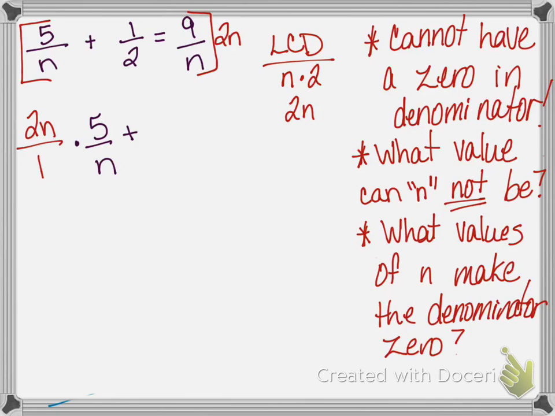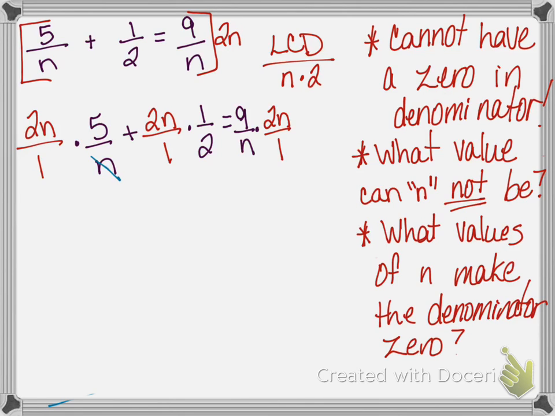So I have 2n over 1 times 5 over n, plus 2n over 1 times 1/2 equals 9 over n times 2n over 1. And when we do this, we are able to get rid of all our denominators. That's why we multiply everything by your least common denominator, because then we get rid of the denominators.